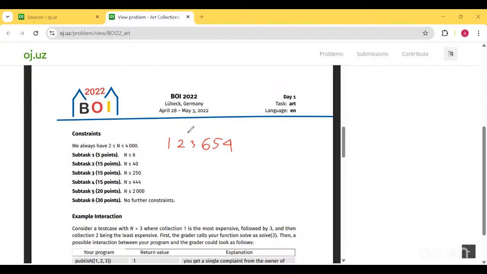I just keep adding values like this, and at the end the whole permutation was created. All right, that's correct as well.